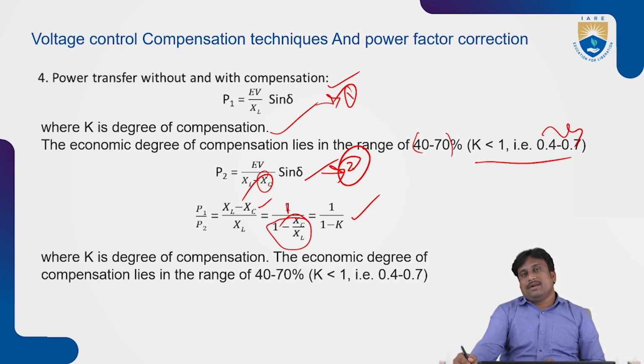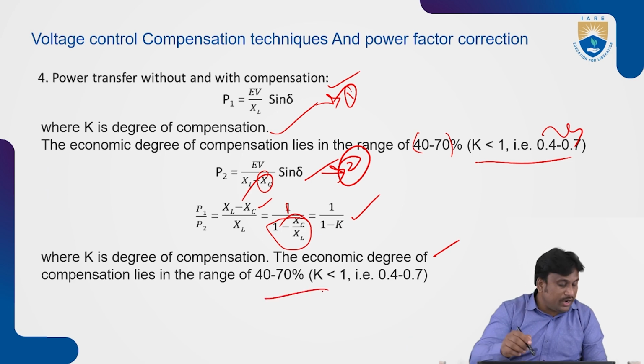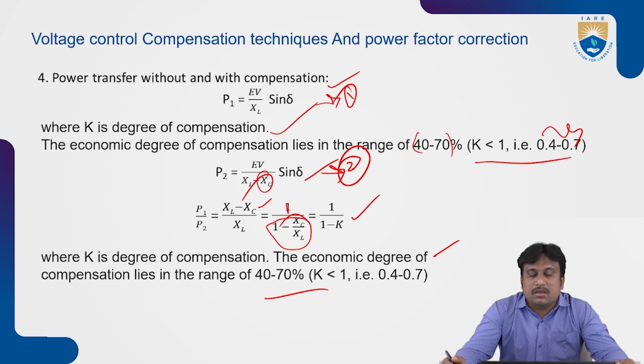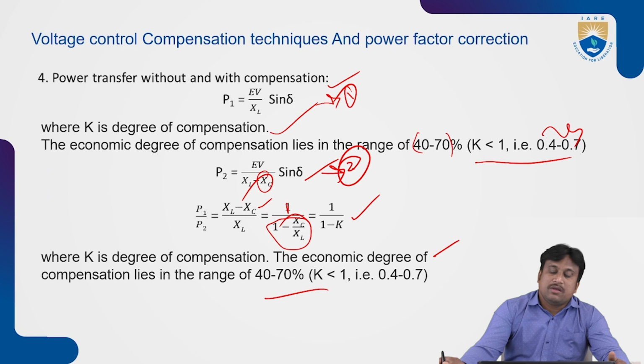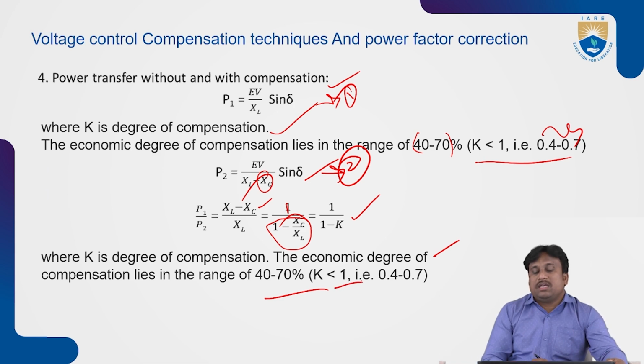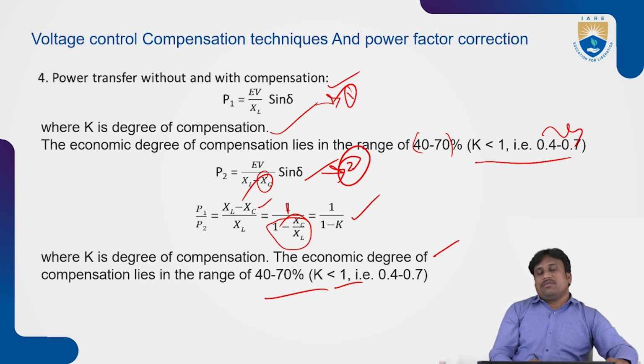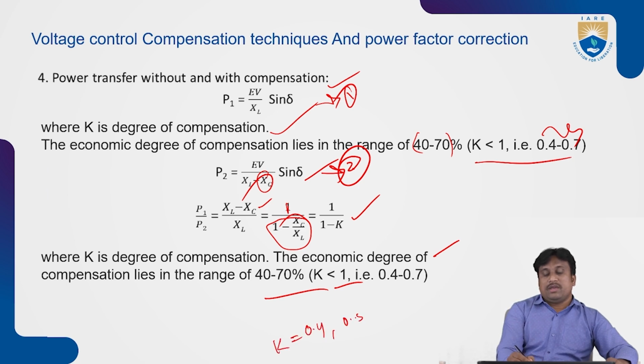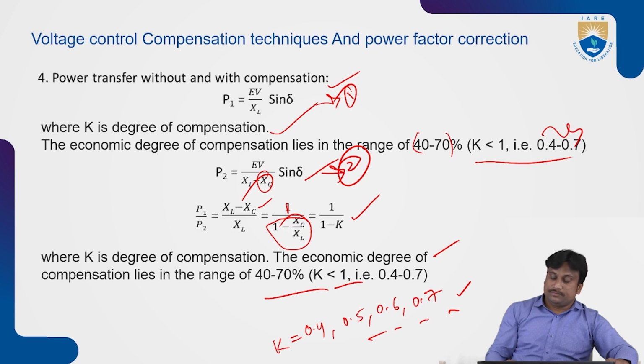This means the economic degree of compensation in the line ranges between 40 to 70%, where its value is less than 1, and K may be 0.4, 0.5, 0.6, 0.7 like that. So the K value should be in such a manner.